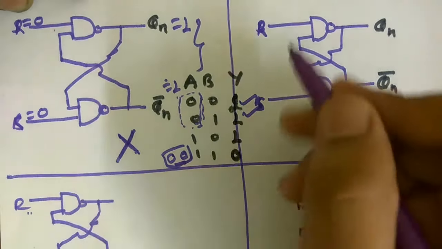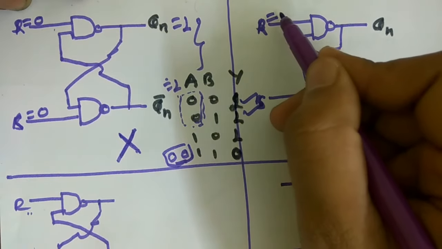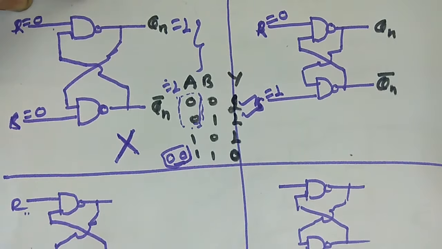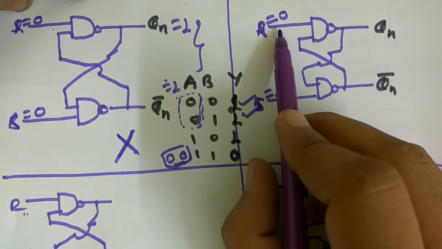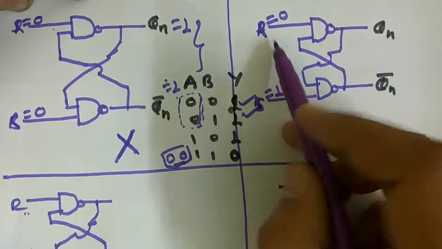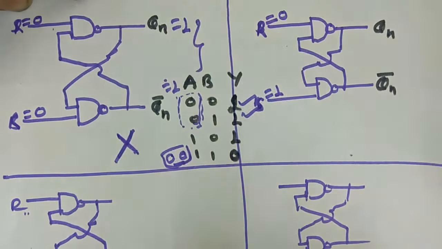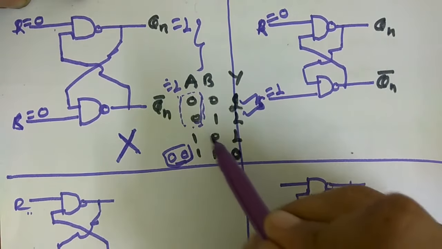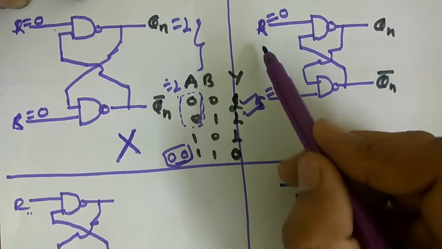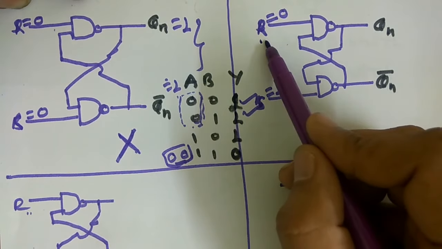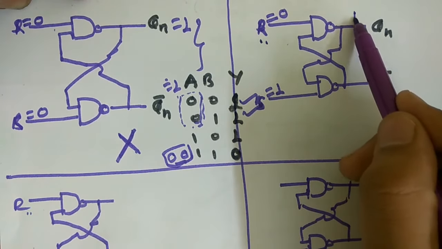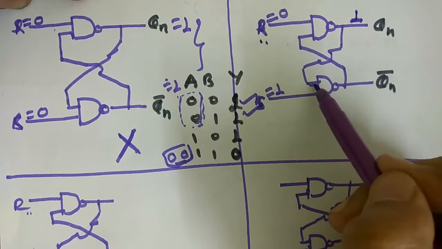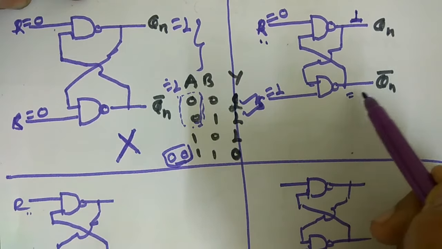And second, when R is equal to 0 and S is equal to 1. R means 0, and we know that 0 is the disable input. So first we will do this. R means 0, this will always give output as 1, and this 1 will come here and this will give output as 0.